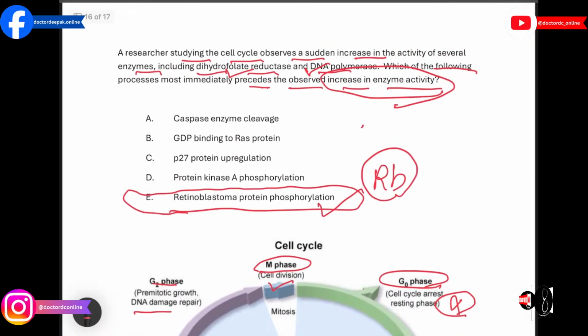Phosphorylation inactivates RB, so it no longer checks anything, and the cells go easily from G1 to S phase. So our right answer is retinoblastoma protein phosphorylation.